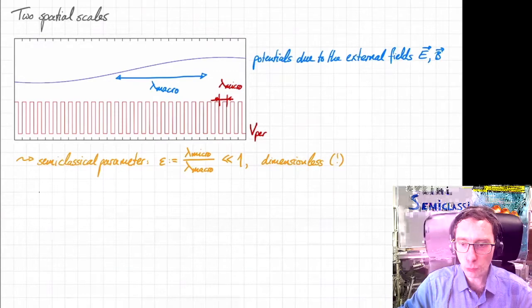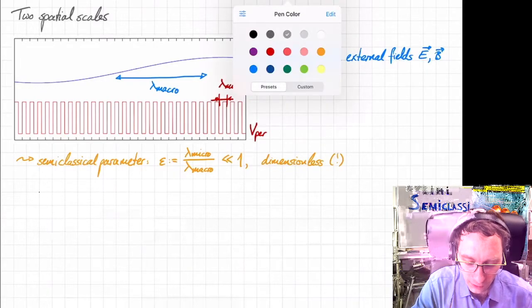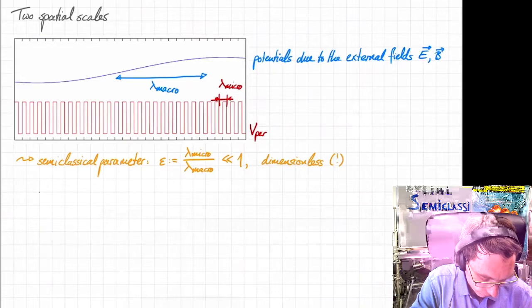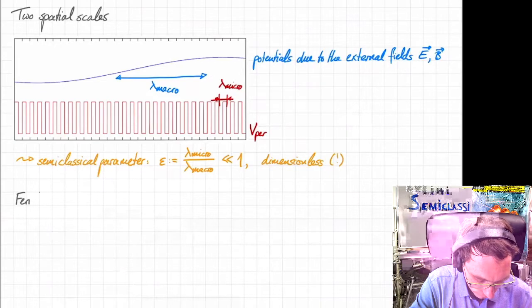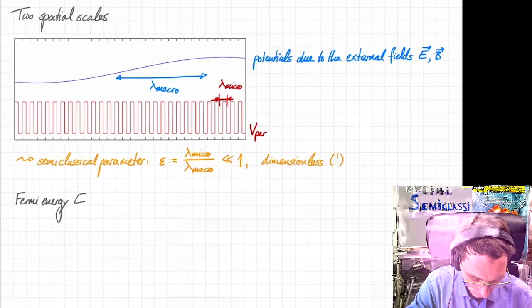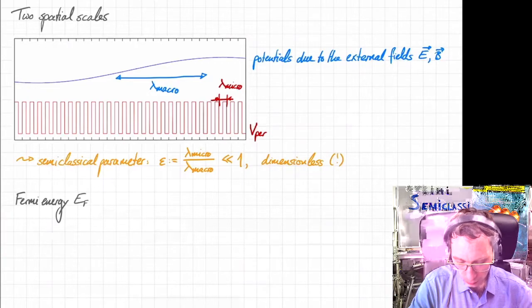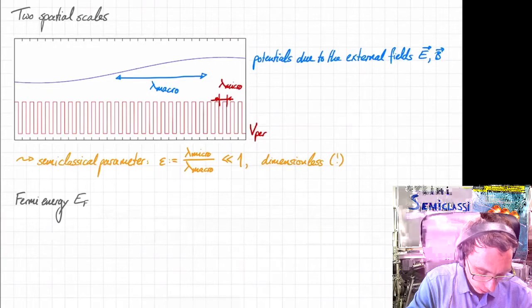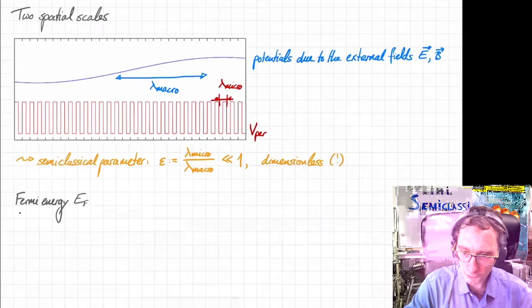So the last thing that we need, that is important, is the existence of a characteristic energy. That is the so-called Fermi energy. I will denote it with EF. And this here, the Fermi energy, determines the state, or is one of the factors that determines the state, for example, together with the temperature.